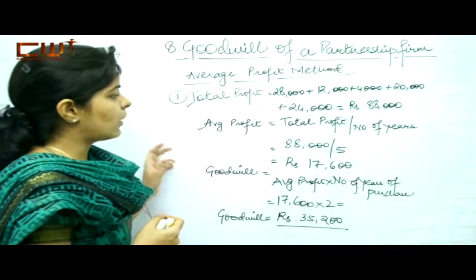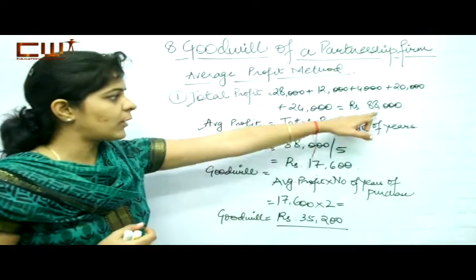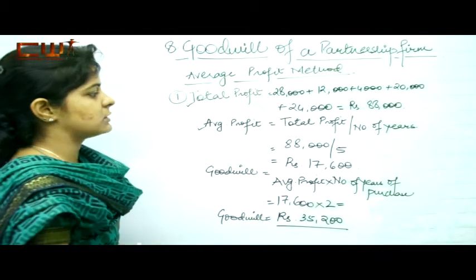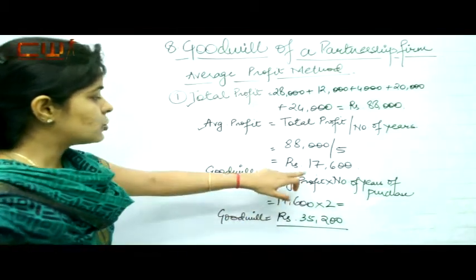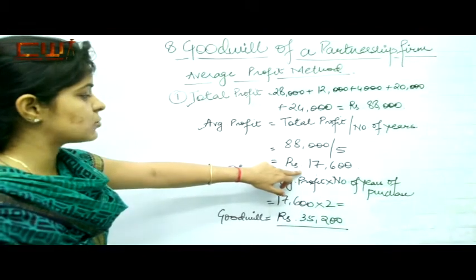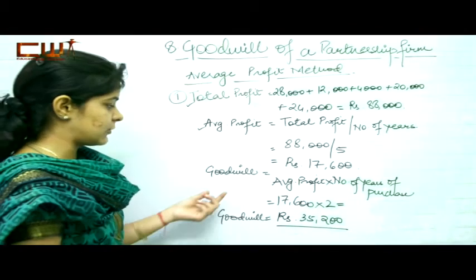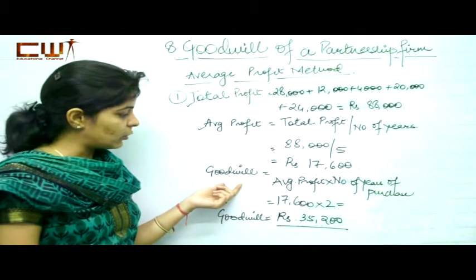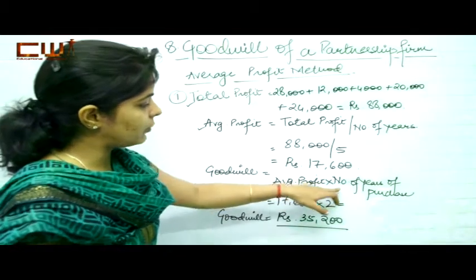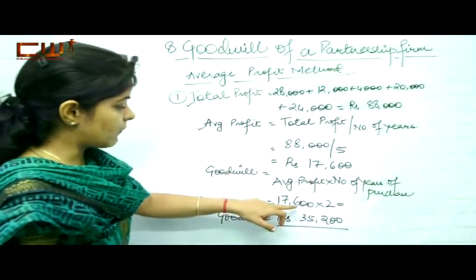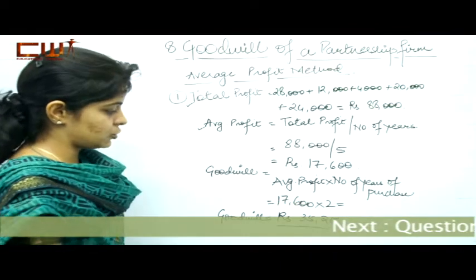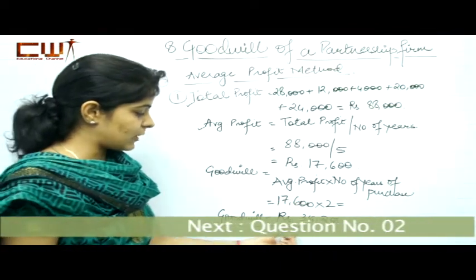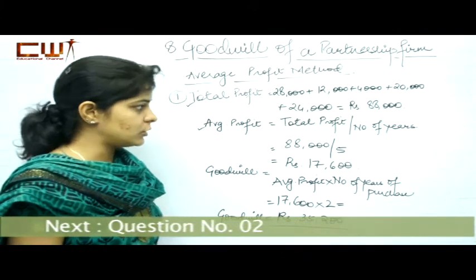Average profit is total profit, 88,000, divided by number of years, 5. So average profit you will end up as rupees 17,600. Finally, you are calculating the goodwill. Goodwill is average profit into number of years of purchase. So average profit is 17,600 into number of years of purchase given in the question, 2. So goodwill, we arrived at the figure of rupees 35,200.